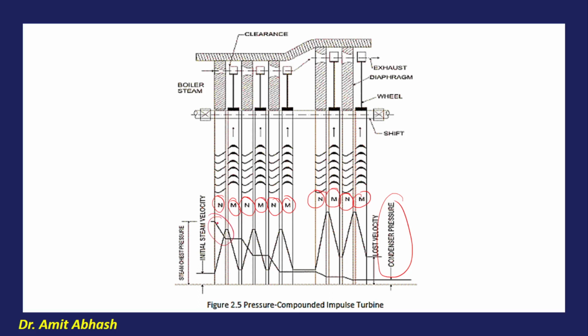Here it is the pressure drop. Again in the nozzle there is a pressure drop. Here is the pressure drop. Means wherever a nozzle is used, a pressure drop you can observe. But there is a constant velocity jump throughout the compounding.